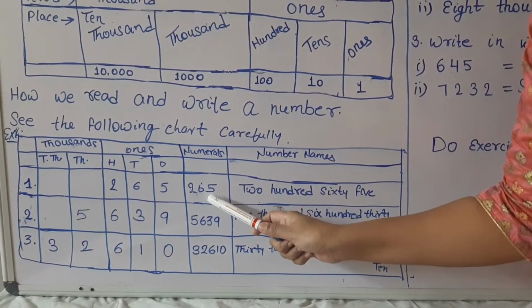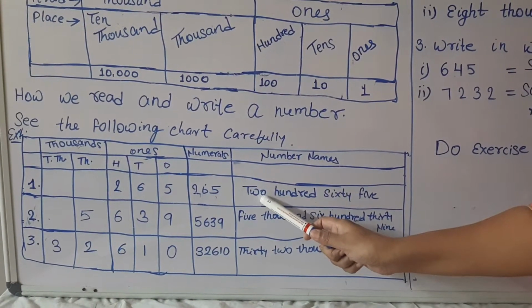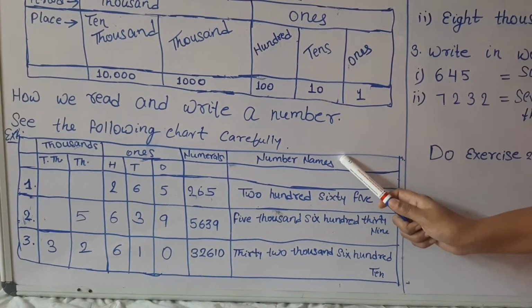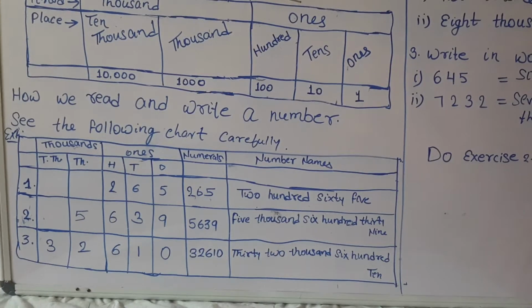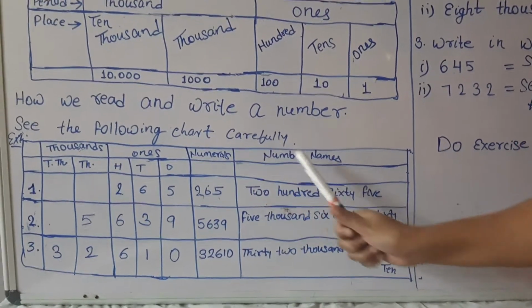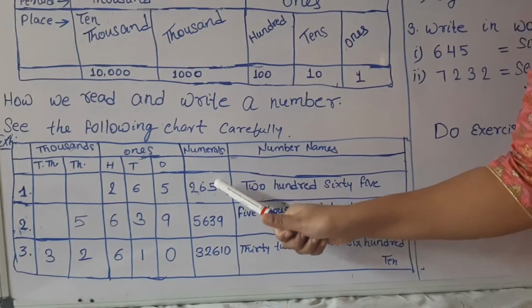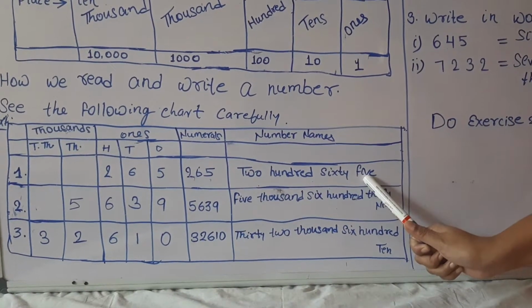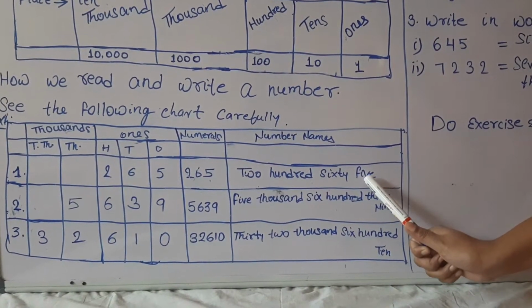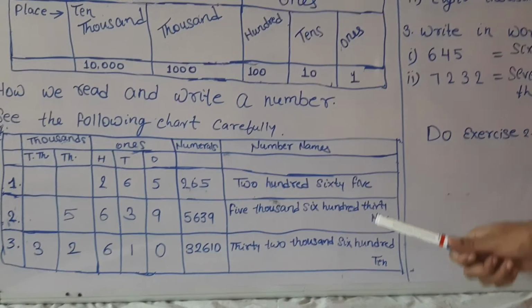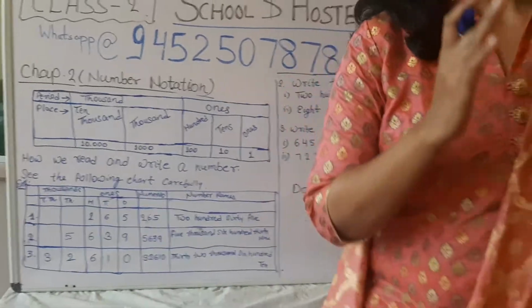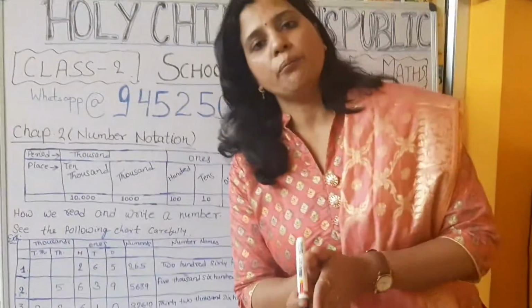And when you write it in terms of words, then it is known as number names. So you have to confirm yourself. There are two terms, numerals and number names. Numerals when you express in the form of digits, and number names when you express in the form of words. Now here we have cleared one concept, that is numeral and number name.